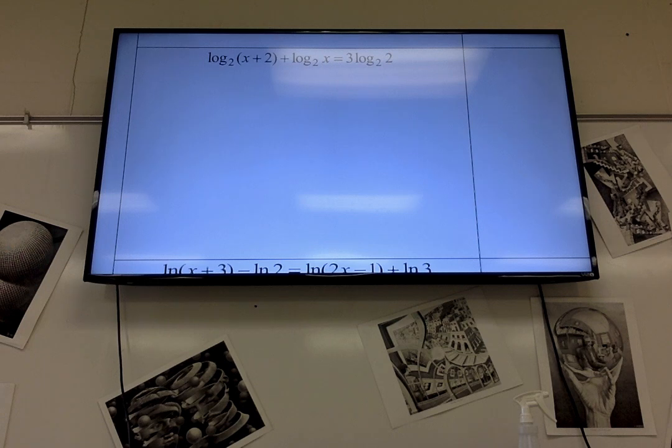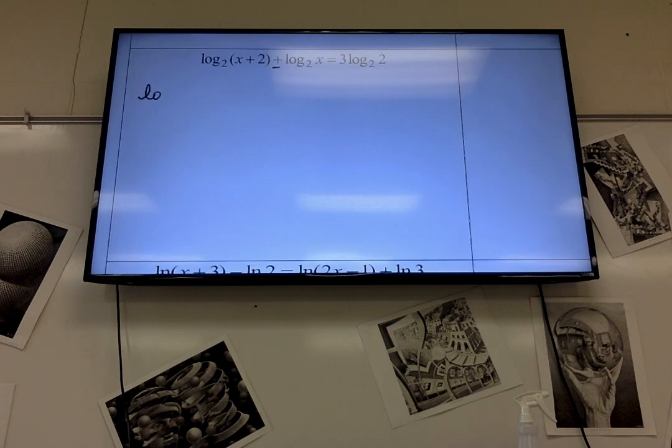All right. So, rewriting this one, we have adding. So when we add, we multiply. So you have log base 2 of x plus 2 times x.